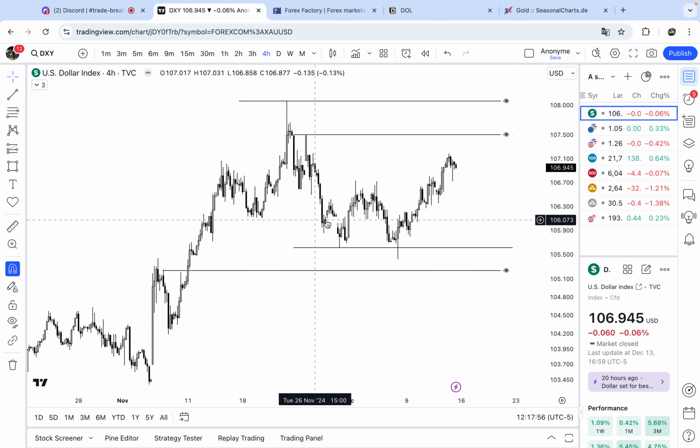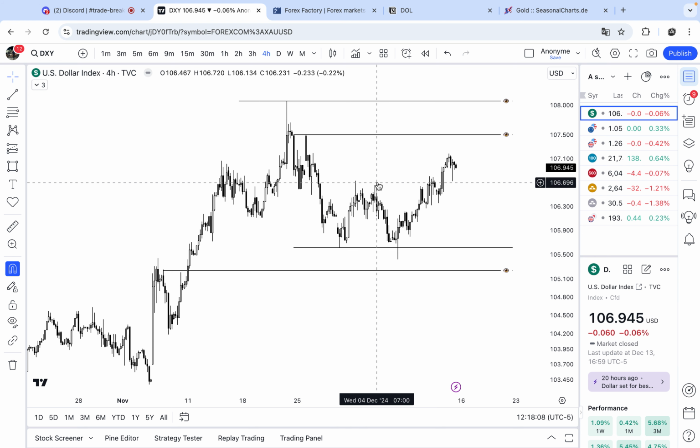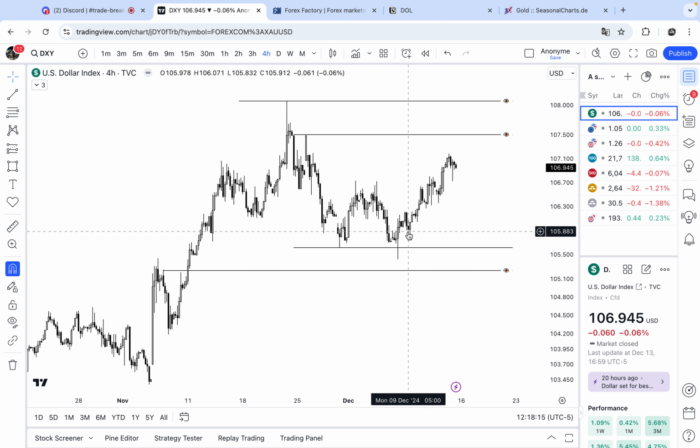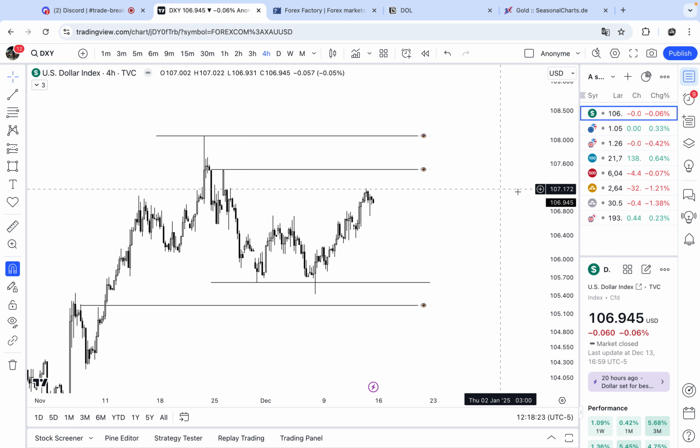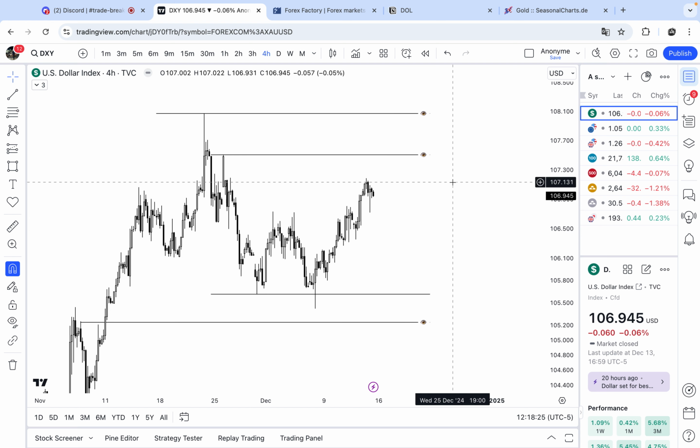Market structure shift. Low, high, low. Another market structure shift here. So we are bullish. Okay, we turtle soup this, so we're still bullish. High, low, high, low, high, low, high, low. So on the 4-hour, we are bullish.